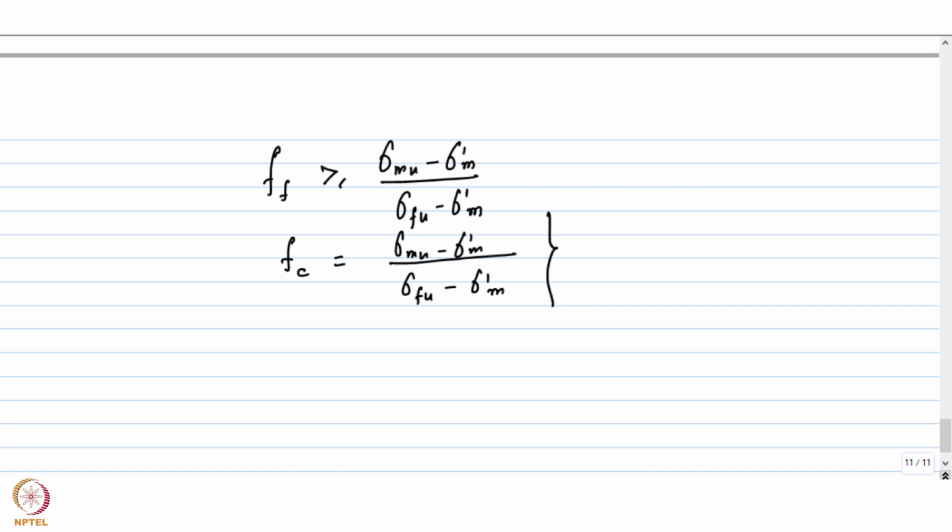So in order to derive any strengthening effect from the fibers, the volume fraction has to be more than this critical amount. Okay, then only you can expect to have some benefit in terms of the strength.